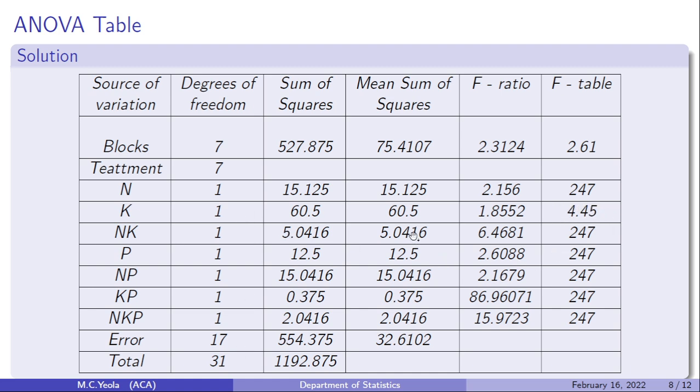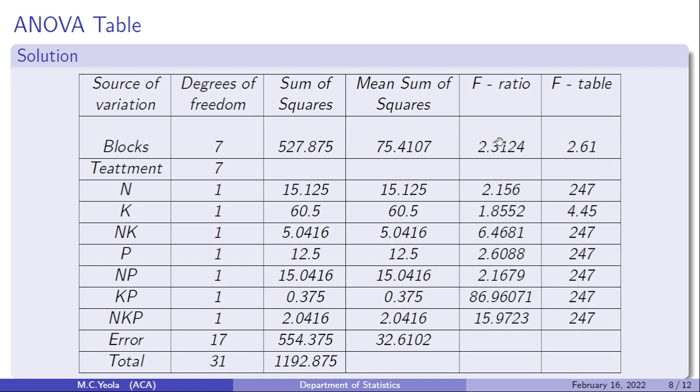All these values are less than the table value, so while obtaining the F ratio we have taken 1 upon F everywhere.